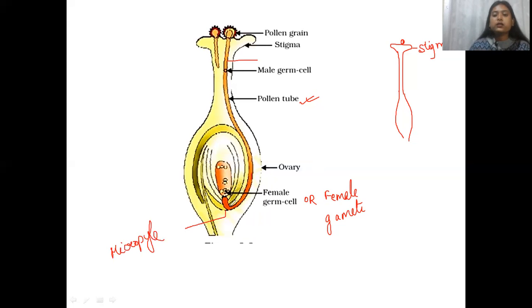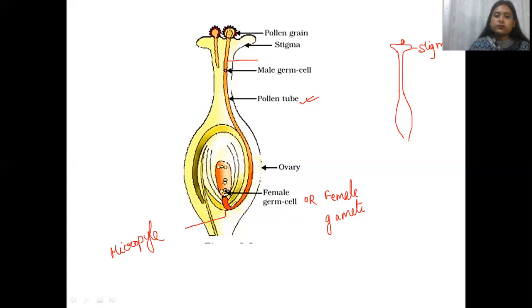From this opening, the pollen tube is going to get into the embryo sac. There will be a sac-like structure inside the ovule. Inside the ovary there are ovules, and inside the ovules there is this female egg or female gamete.